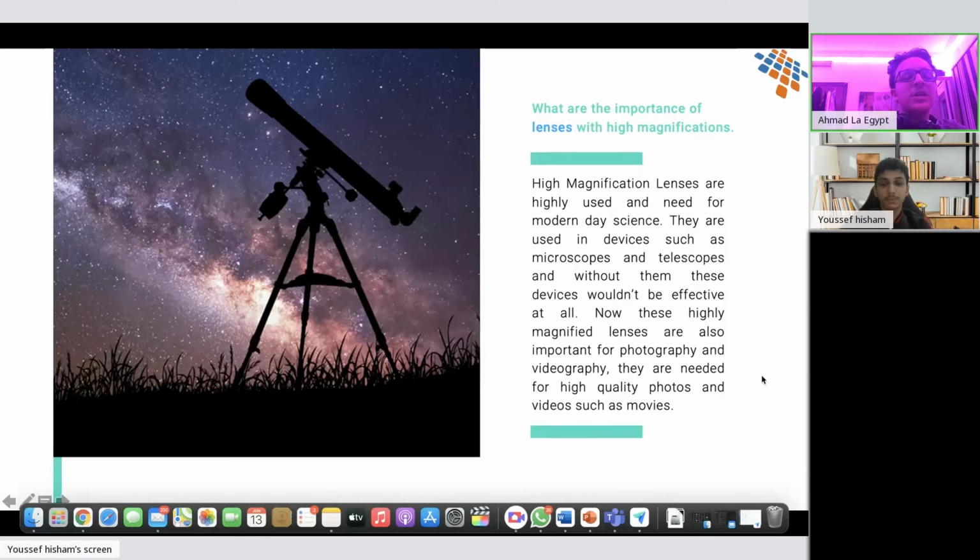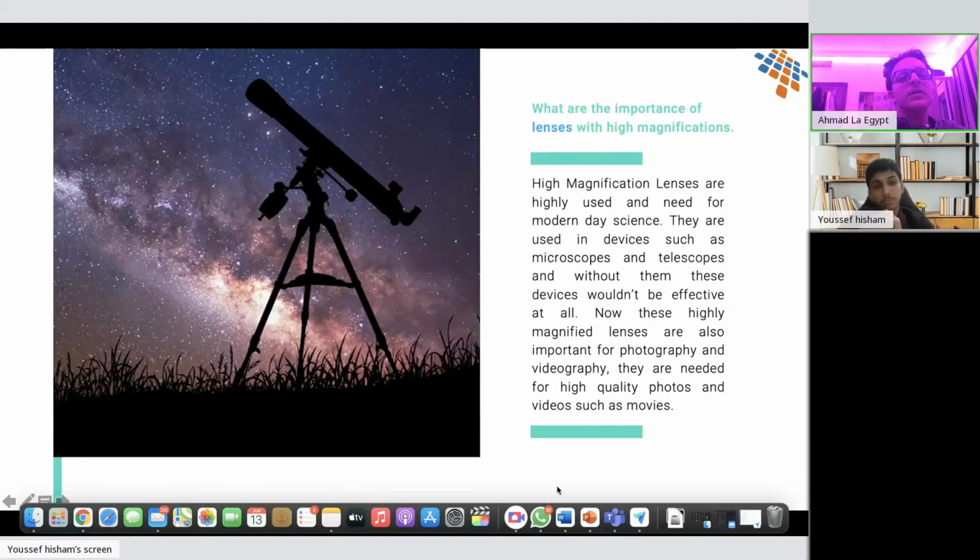And this is needed in different types of sciences or different majors in science, because almost all of science uses these two devices, but the ones that use them the most are astronomy and microbiologists, who study the viruses and small microbes.